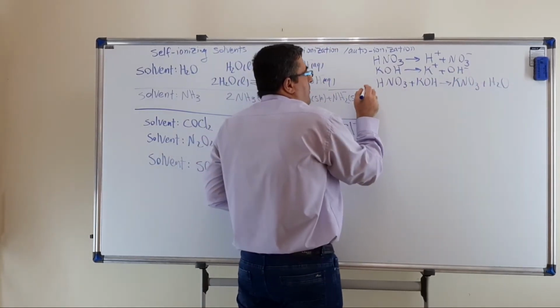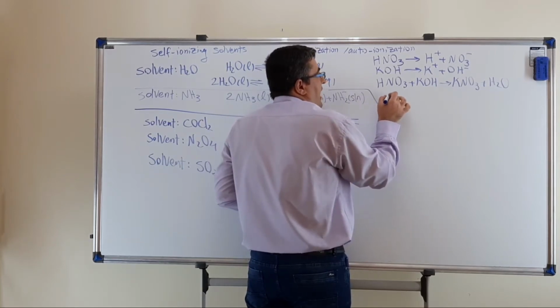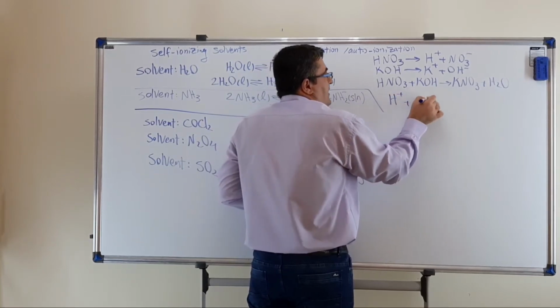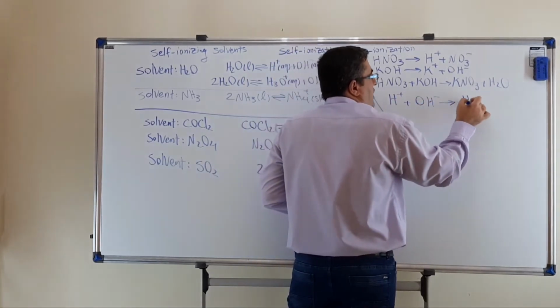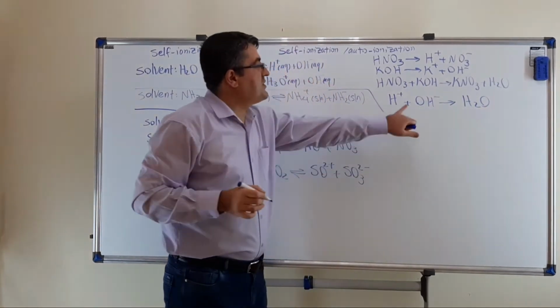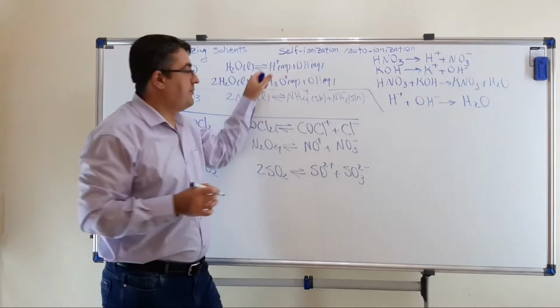If we omit spectator ions in this reaction, we will have this reaction, the reaction between H+ and OH- ions, which is in fact the reverse of the self-ionization of water.